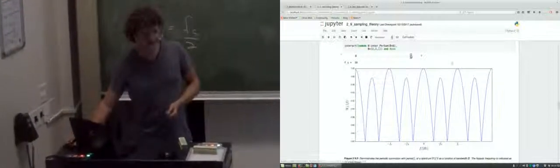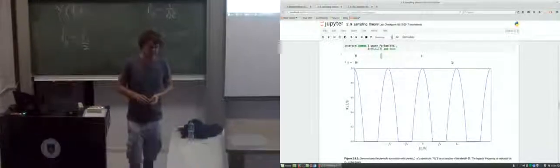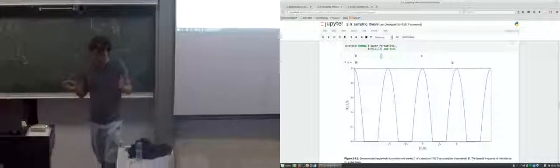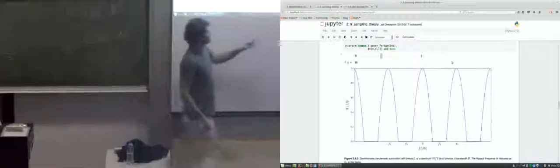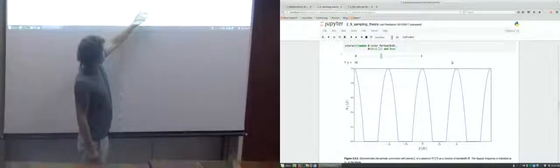I don't know if I'm explaining it very well. You guys look confused. So what's B exactly? It's the maximum frequency present, so that's the band limit of the function. B would be here.